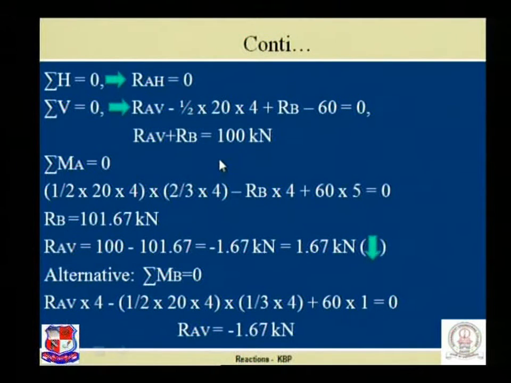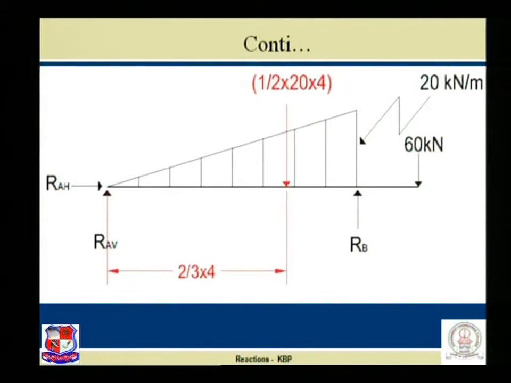Now let us use the third equilibrium equation, sigma MA equal to 0. See this figure. RAH as such is 0, no effect over here for a moment, and RAV is acting at the point where we are interested to take the moment, so it is also 0.